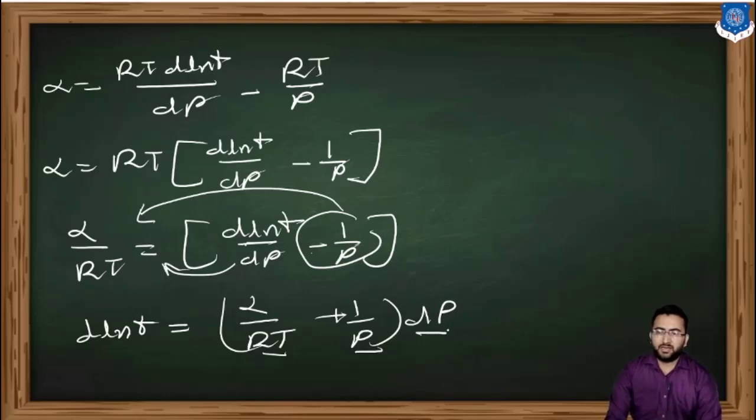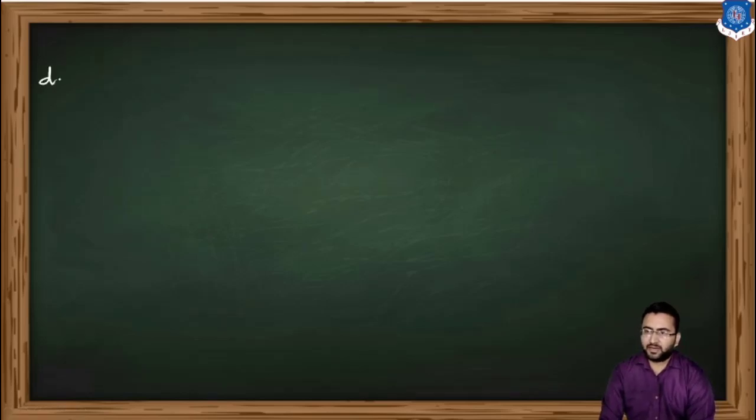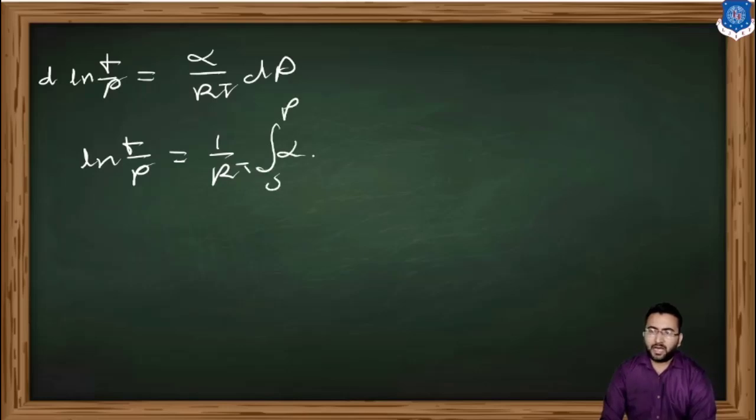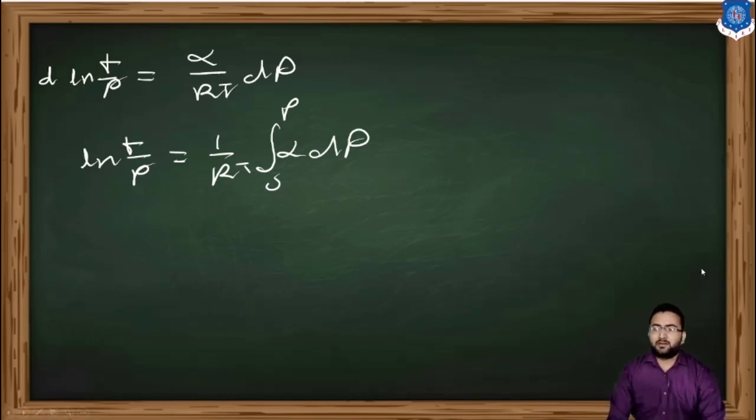Rearranging again, d ln (f upon P) is equal to alpha upon RT into dP. Taking the integration, we get ln (f upon P) is equal to 1 upon RT integration from 0 to P of alpha dP, where alpha is the residual volume, or the real volume minus the ideal volume. This is the equation to find the fugacity from the residual volume.